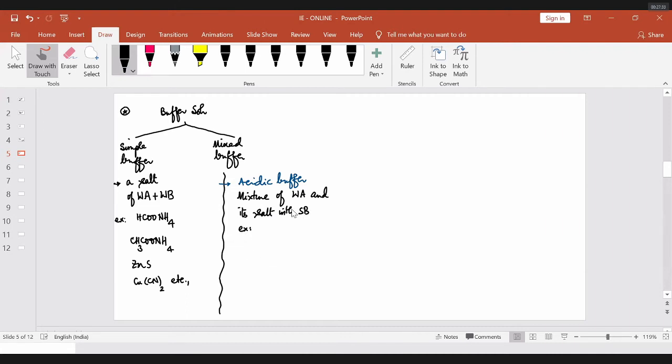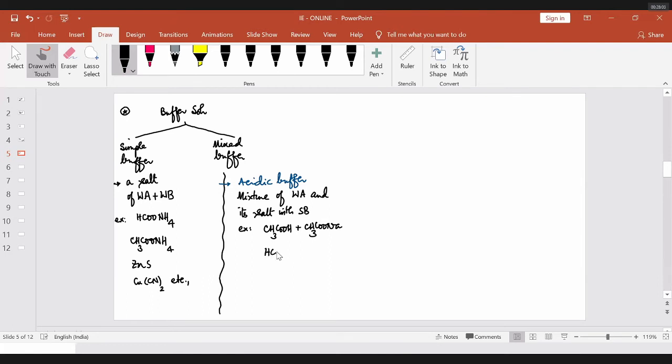Come on, let us try to enjoy the examples. Any weak acid you can write, for example, your favorite example just now, acetic acid, weak acid, and its salt with strong base. Who is that fellow? First group metal hydroxide, second group metal hydroxide. Therefore, CH3COONa. Acetic acid and sodium acetate mixture is called a mixed buffer. Weak acid and its salt with strong base.